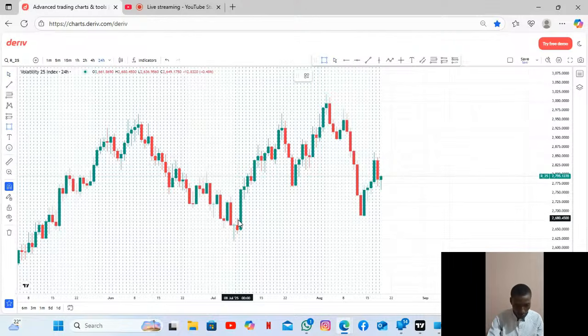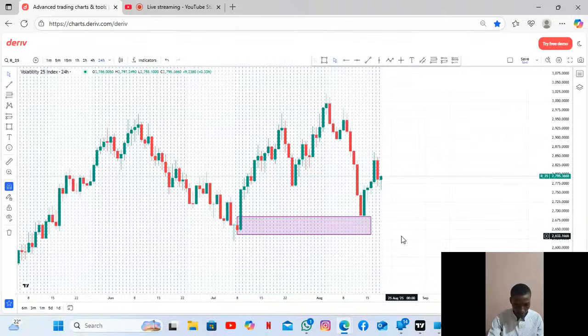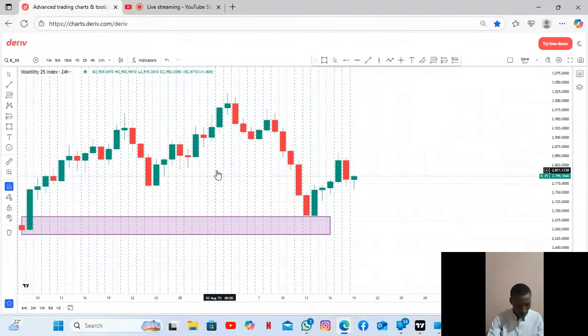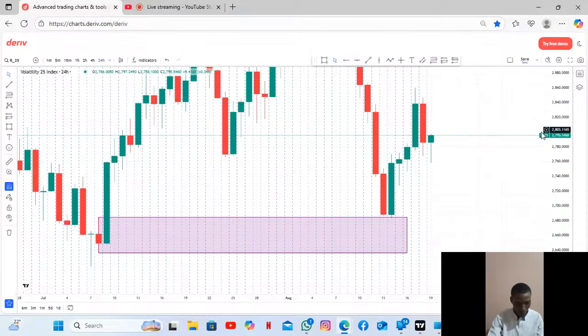We have this order block here. We can see that price nearly came to test this. Now, in fact, price came here, tested this order block, and it is on its way up.